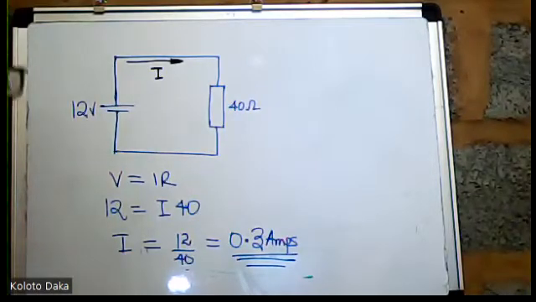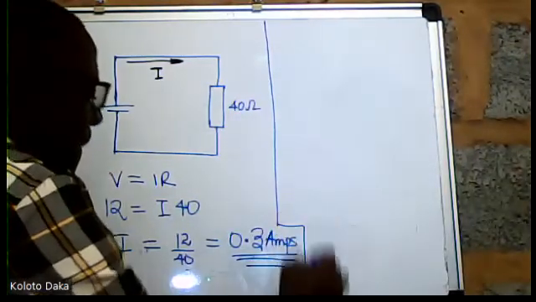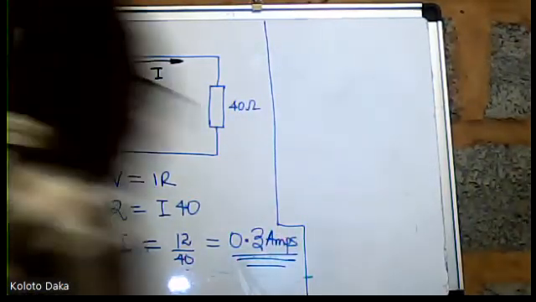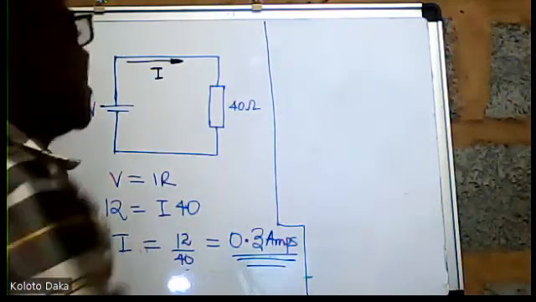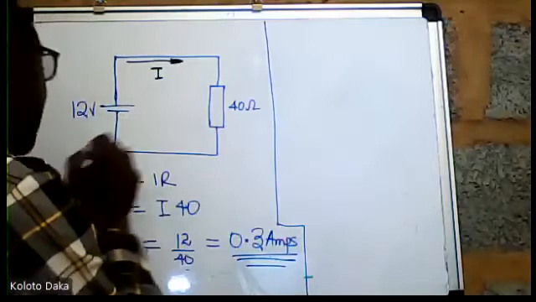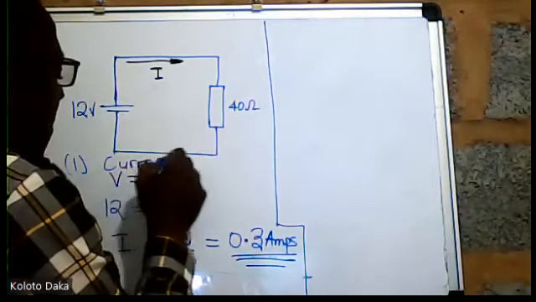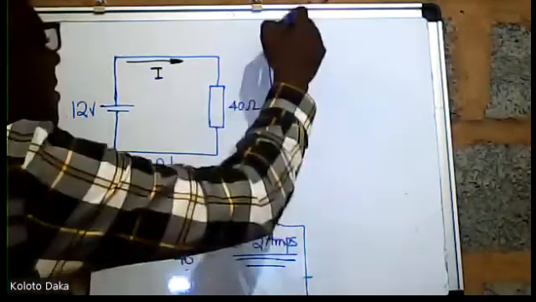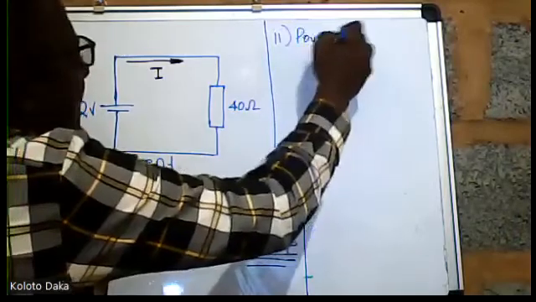Okay? What else are we supposed to find? The power consumed and the energy dissipated in 2 minutes. So we have found the current. What about power? First one, current. Second, power.